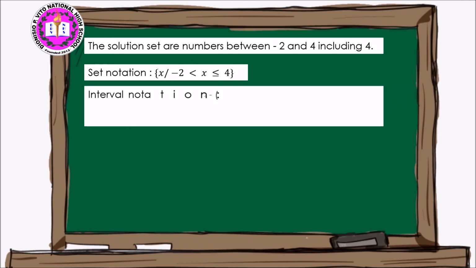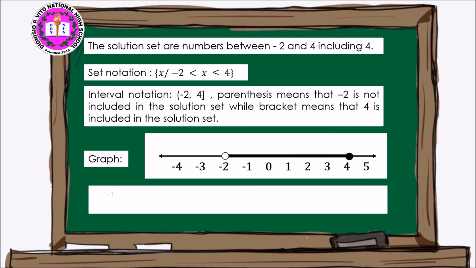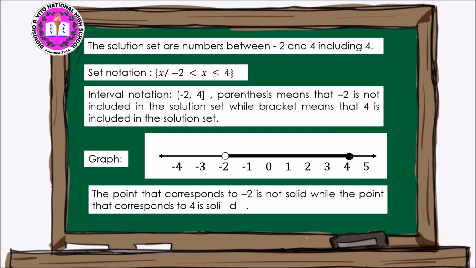For our interval notation, parentheses means that negative 2 is not included in the solution set, while bracket means that 4 is included in the solution set. For the graph, the point that corresponds to negative 2 is not solid, while the point that corresponds to positive 4 is solid.